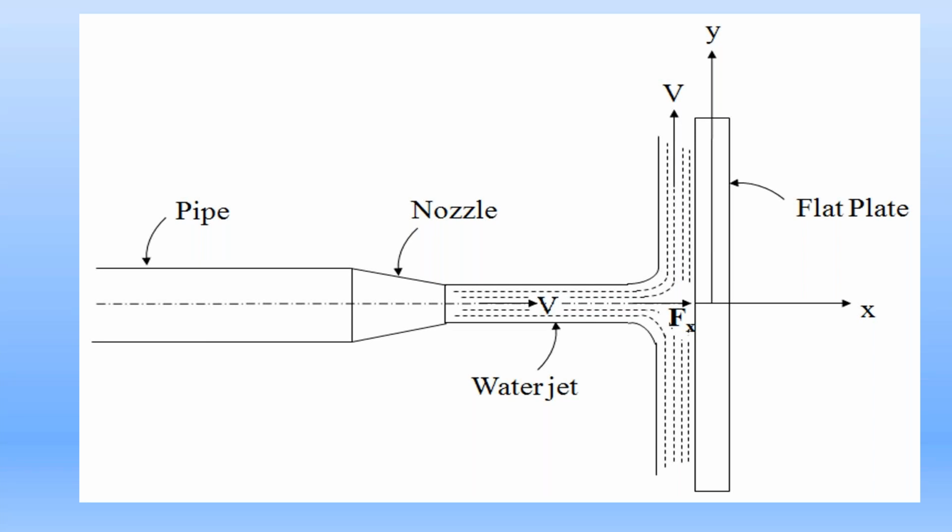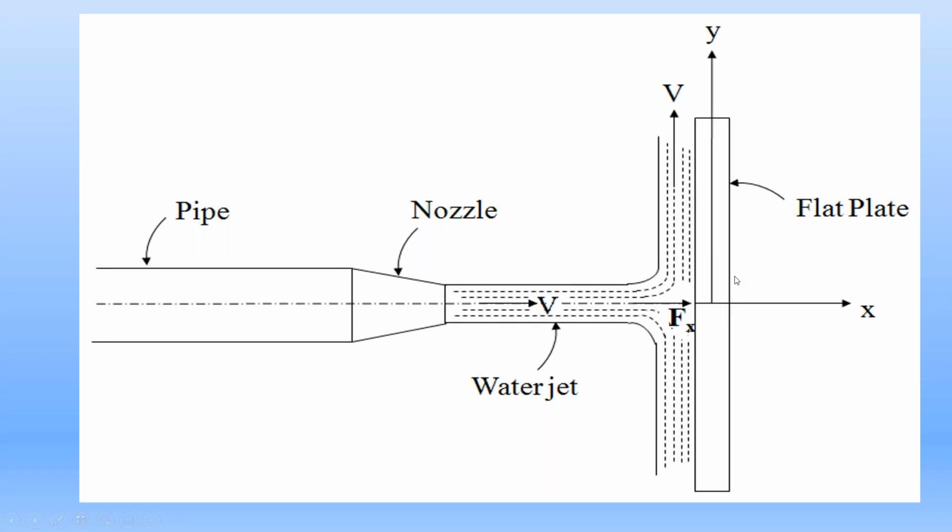In this first condition, we consider the horizontal water jet. Check the details in the diagram. We have the water jet coming out from the nozzle. It is a horizontal water jet.